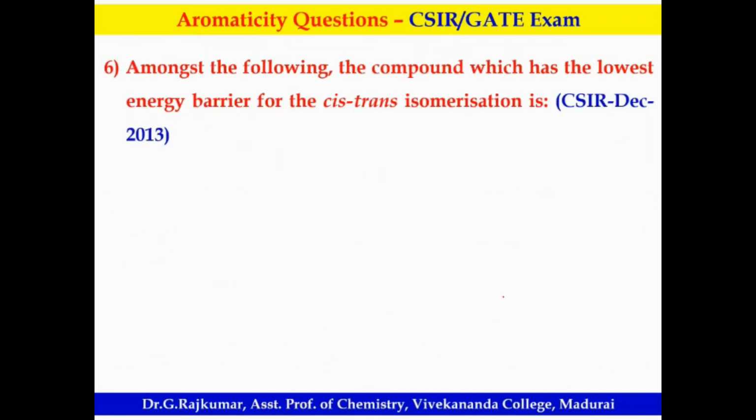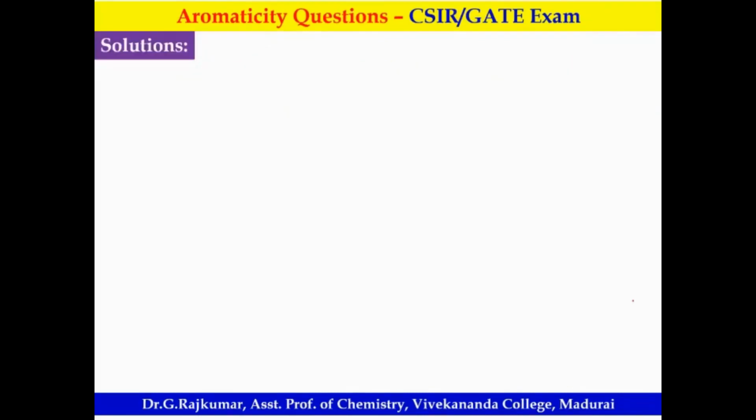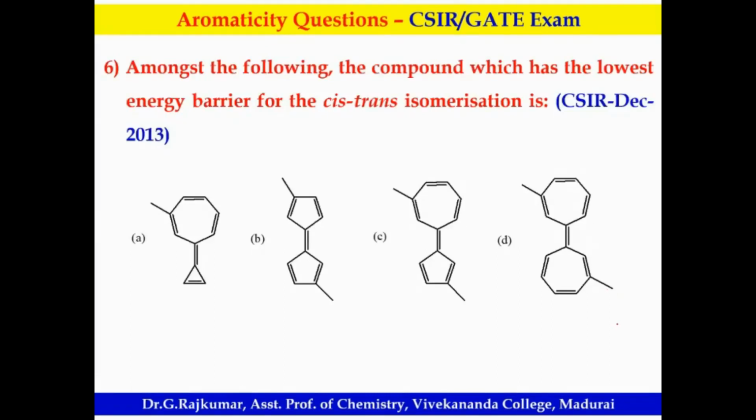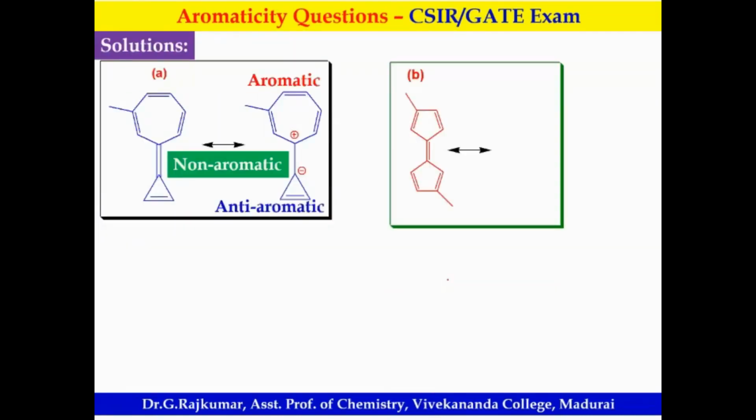Among the following, the compound which has the lowest energy barrier. CSIR December 2013. Option C, sir. C, because it attains aromaticity, right? This part is the cycloheptatrienyl cation. This is the cyclopentadienyl anion. Look at this.